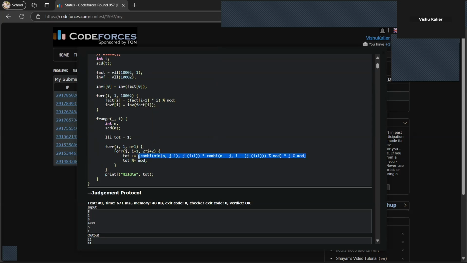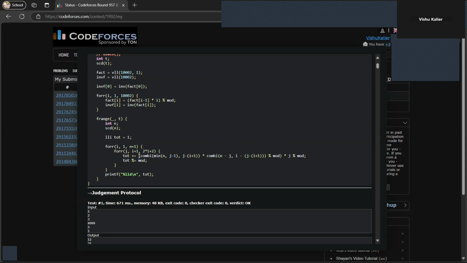We implemented it in code, and this is how it looks. Taking the minimum of n, either n or j minus 1, this is the n value for the combination function, and this is the r value. Then I did n minus j similarly for the n value, and i minus j minus i plus 1 for the r value.